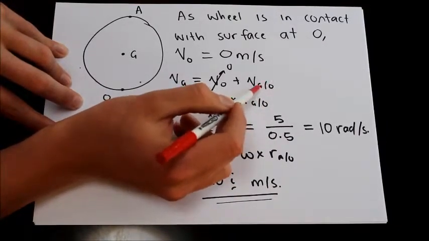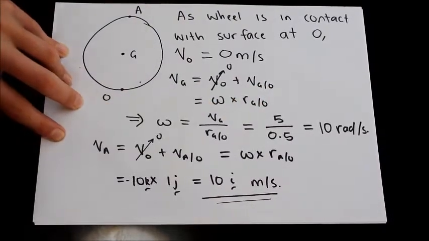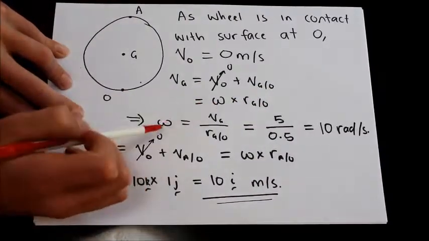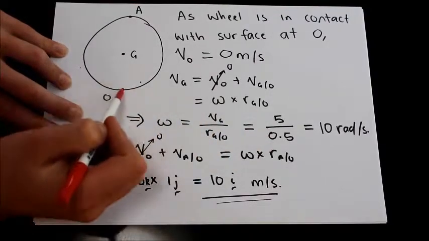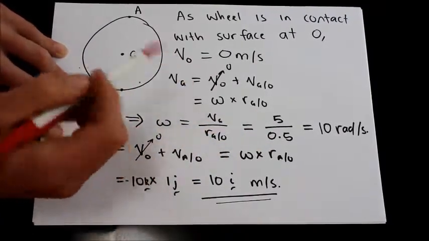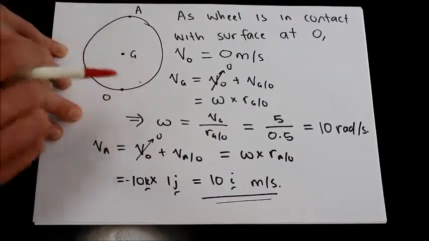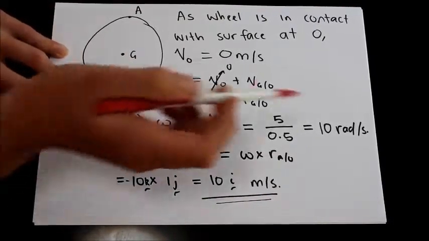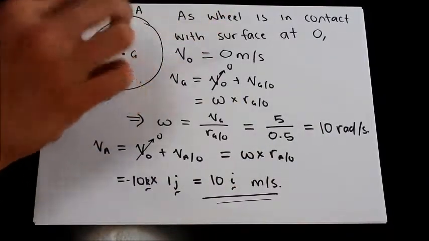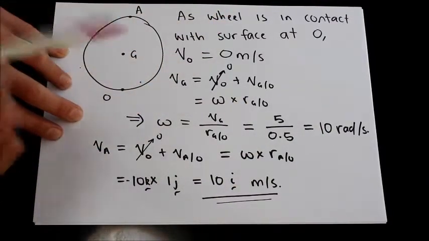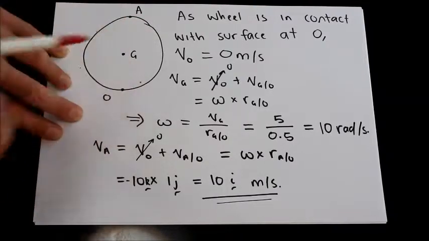Then we solve this for omega, and we get 5 on 0.5, because we're given the radius is 0.5. So this object is rotating at 10 radians per second. Now remember that that is constant no matter what point I take the rotation about. Omega is always constant for the same body.